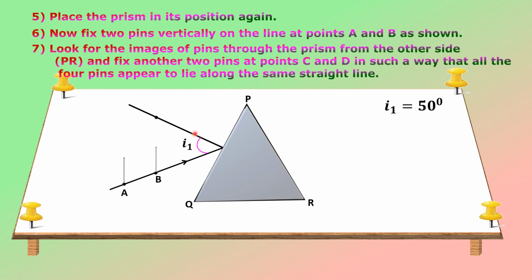Four pins means here the two images and the two pins that are going to be fixed should all be on the same line. We have to fix the two more pins in such a manner.